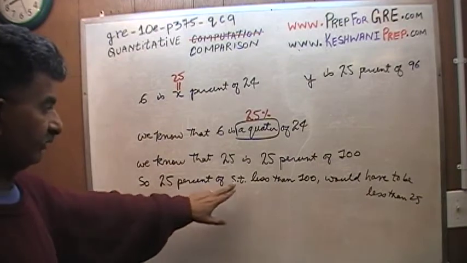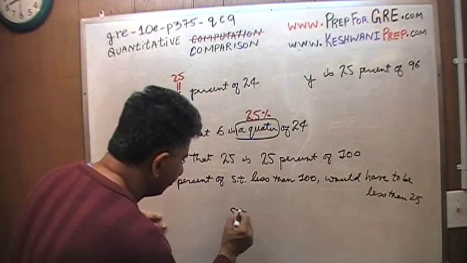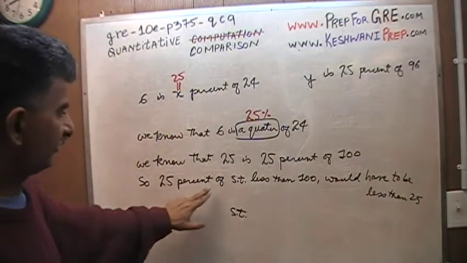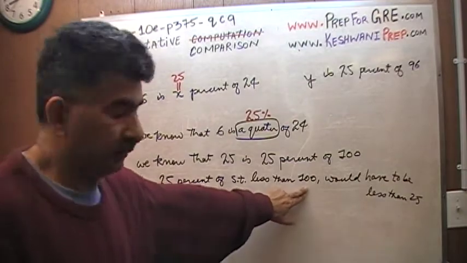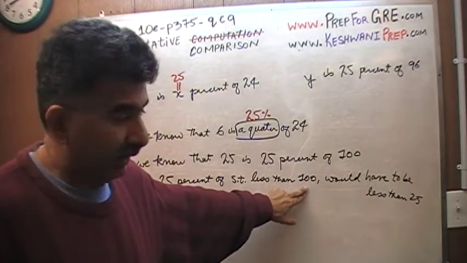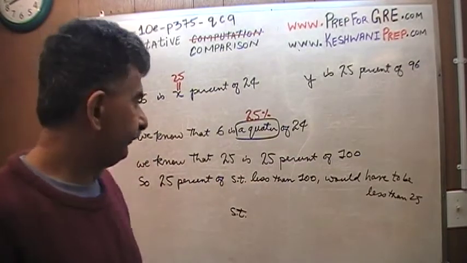So 25% of something, this is something, S.T., something. So 25% of something less than 100, whatever it is, 25% of that amount would have to be less than 25, because we know that 25 is 25% of 100.